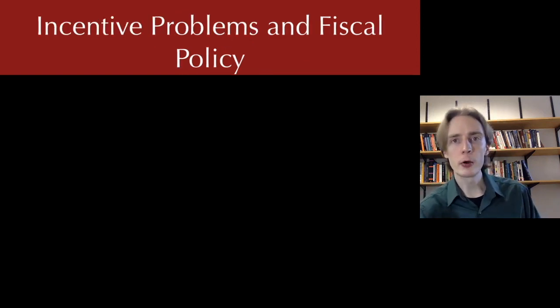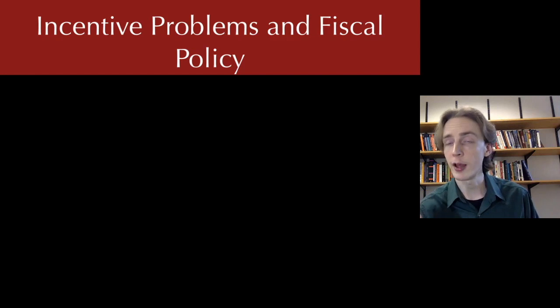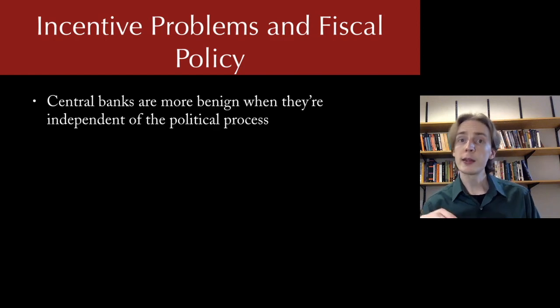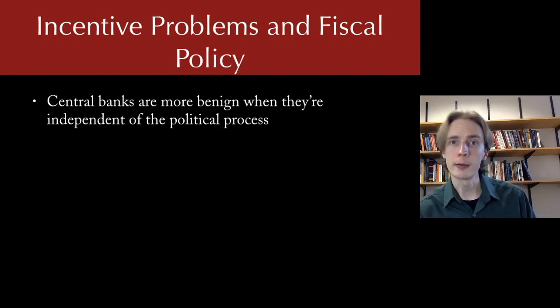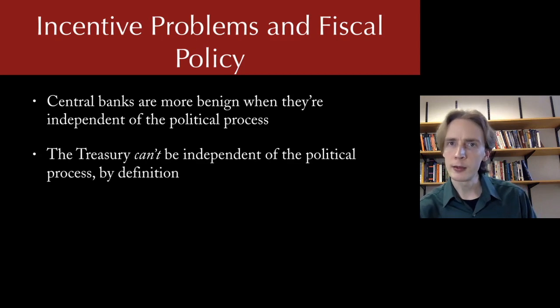Now, we talked a bit earlier about the incentive problems facing central banks when they do monetary policy. Maybe they don't have enough knowledge, maybe they're not able to act in time, or maybe they have incentives to do other things. But we know that central banks are more benign when they're independent of the political process, right? So there's not that temptation to put your hand in the cookie jar. Can't really have an independent treasury, right? That doesn't make a lot of sense. So the treasury can't be independent of the political process.